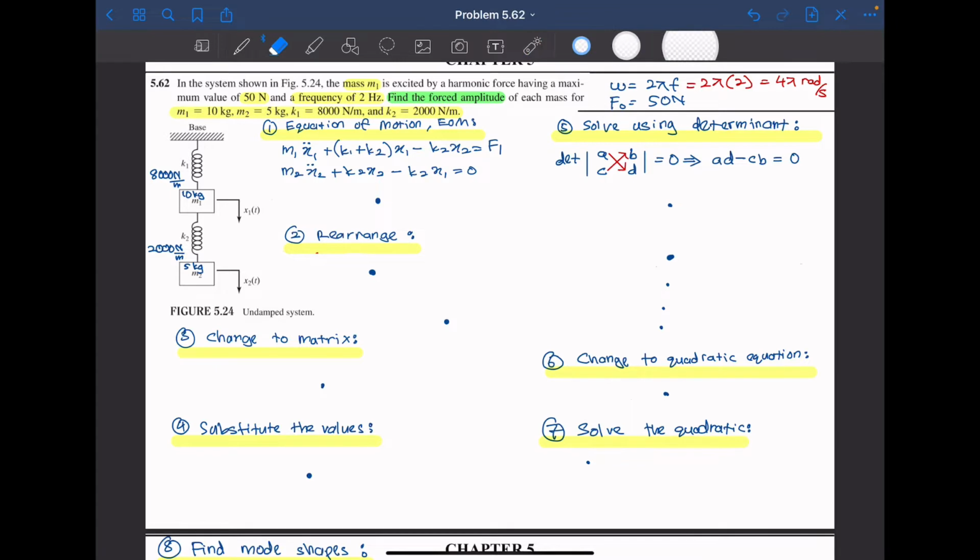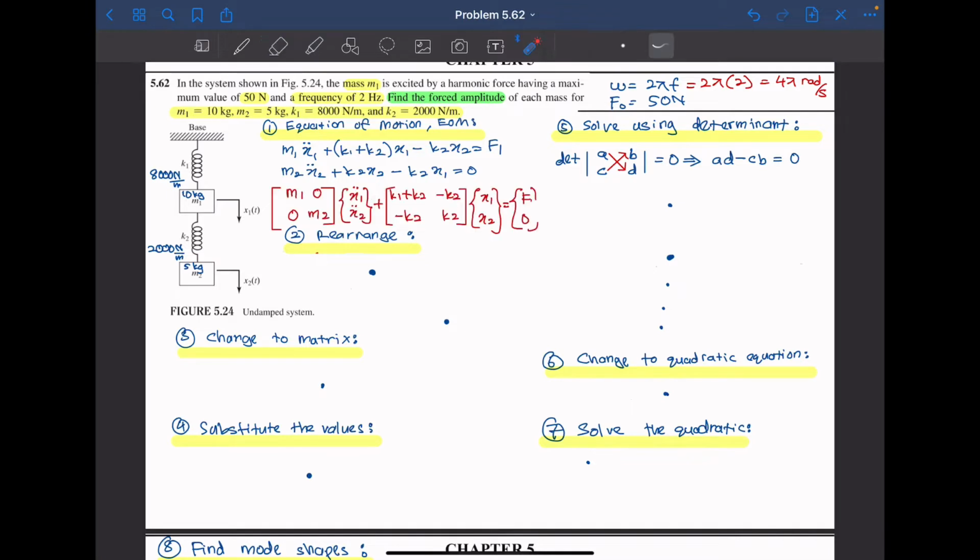Remember, this is a 2 degree of freedom system. For a 2 degree of freedom system, you have to change your equation of motion into a matrix form, where this is your mass matrix and this is your stiffness matrix.